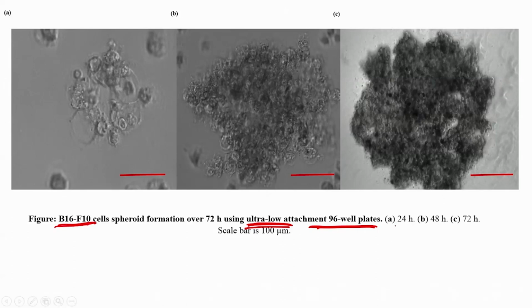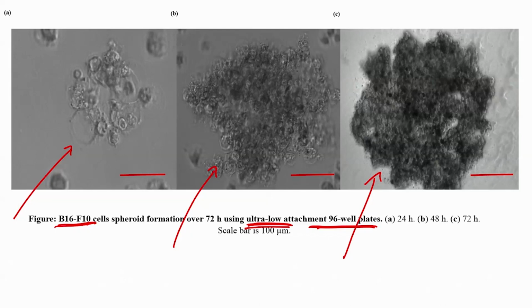First is 24 hours image, you can see it is 24 hours. In 24 hours it starts forming spheroid, it is not ready. At 48 hours you can see the cells are growing and developing in the 96 well plate. There is a media for providing nutrition. Finally, around 72 hours we can see a spheroid formed using B16F10 cells, right.